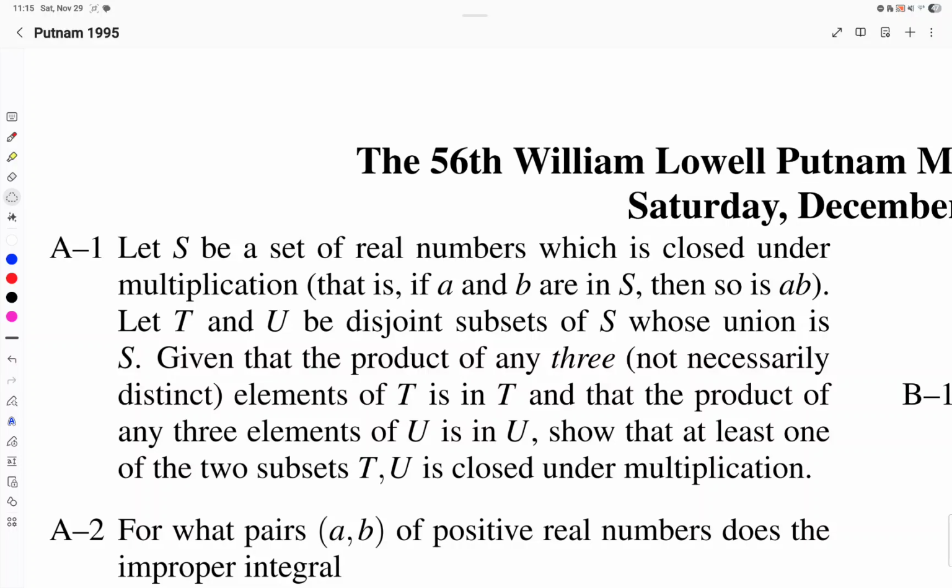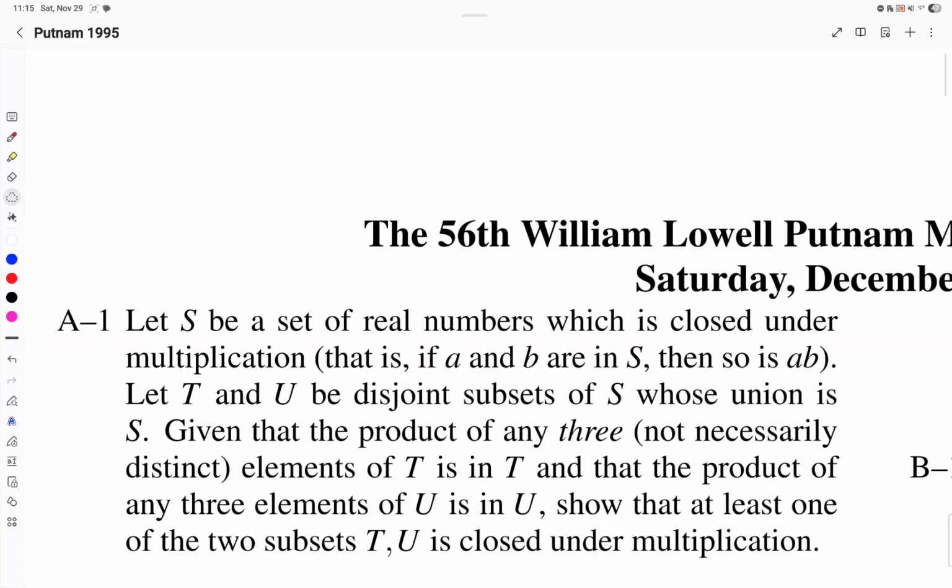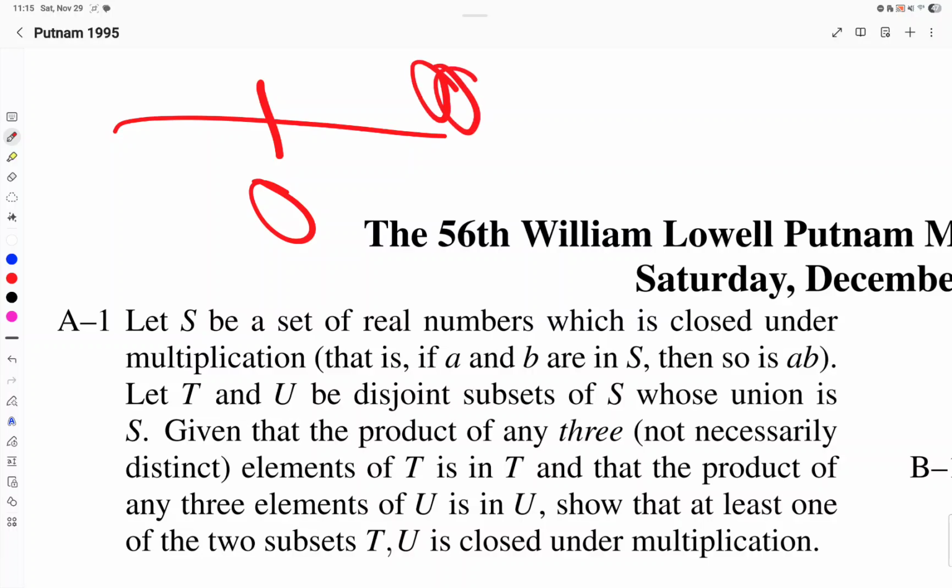Pause the video, read it, maybe you already have. Anyway, let's just get started. So we have a set of real numbers, okay? So we have 0, and then we have infinity. I know infinity is not a number, okay? Don't burn me in the chat. So we have this, and it's closed under multiplication, okay?